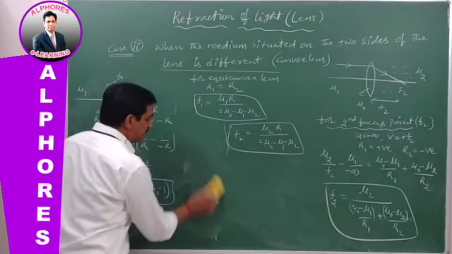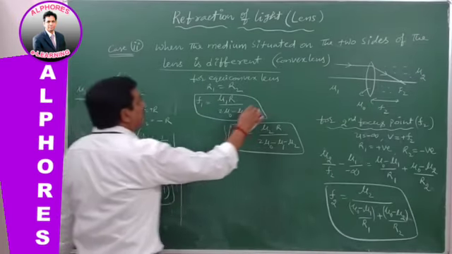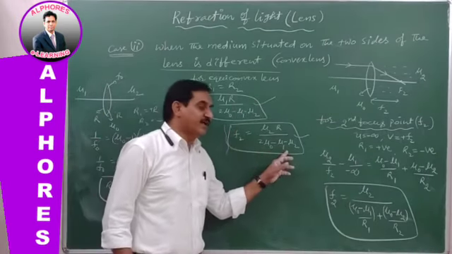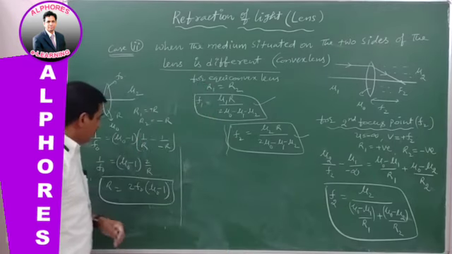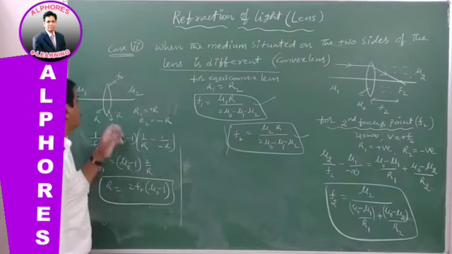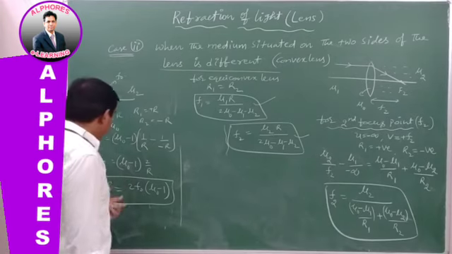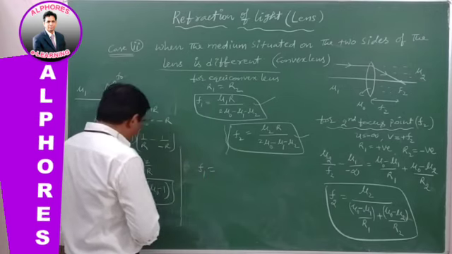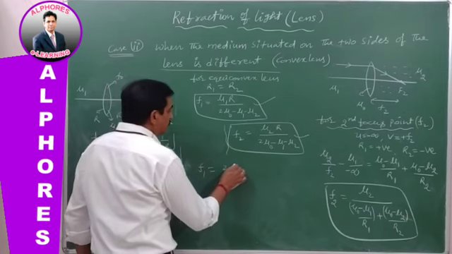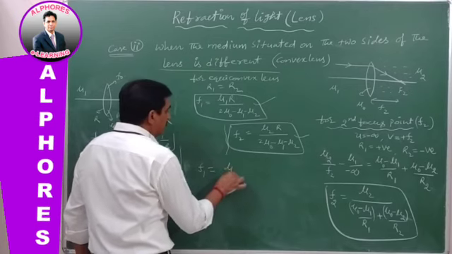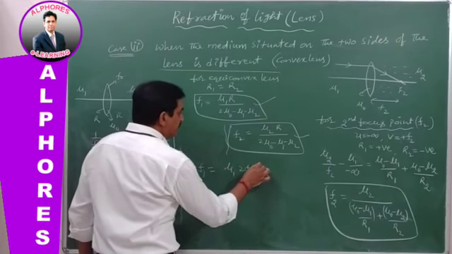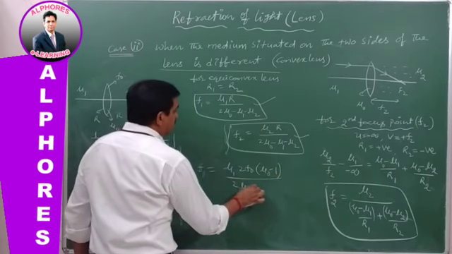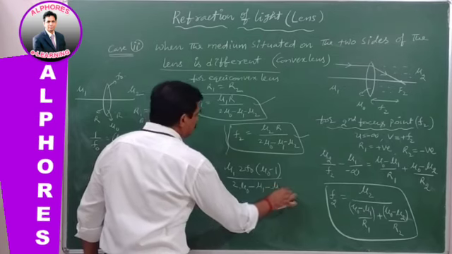The modified equations are these. Either you can use these formulae directly to find the first focus point and also the second focus point, or otherwise we can use the radius of curvature. Sometimes the focal length of the lens is given, and this value is to be substituted directly, then f1 becomes mu 1 into 2 f naught into mu naught minus 1 by 2 mu naught minus mu 1 minus mu 2.